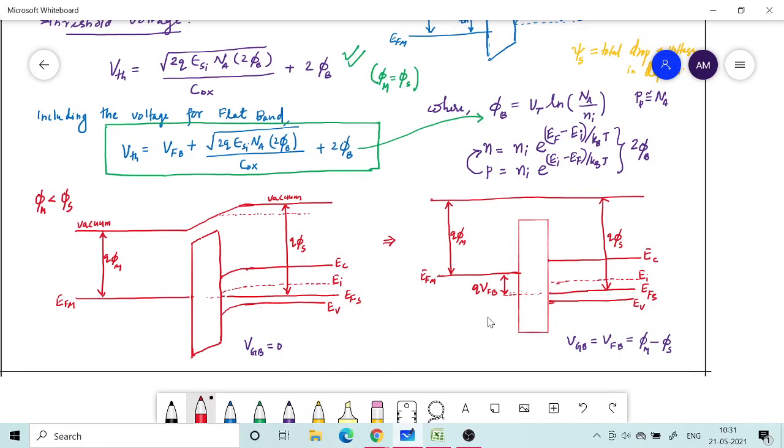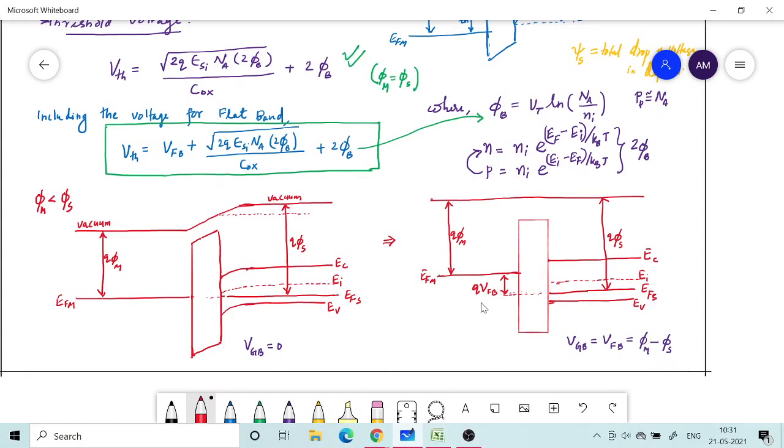It is also for the same MOS structure, but here I am going to apply a voltage which is equal to phi m minus phi s, whatever is the difference in the work function. In this case it is going to be a negative voltage, right? So if I apply a negative voltage whose magnitude is same as phi m minus phi s, because phi s is larger than phi m, it is going to be negative.